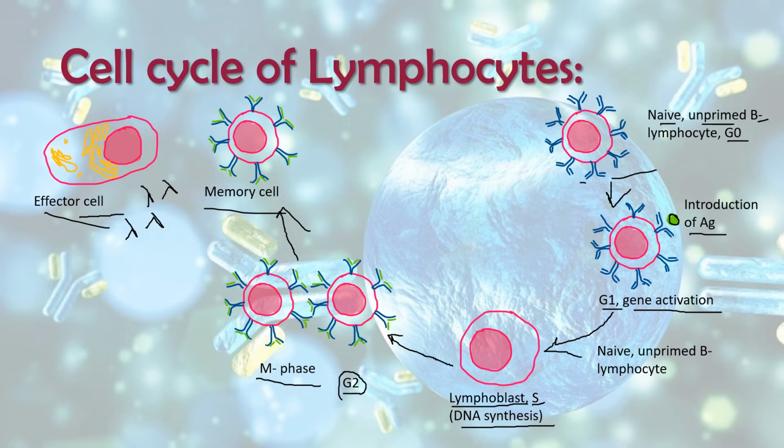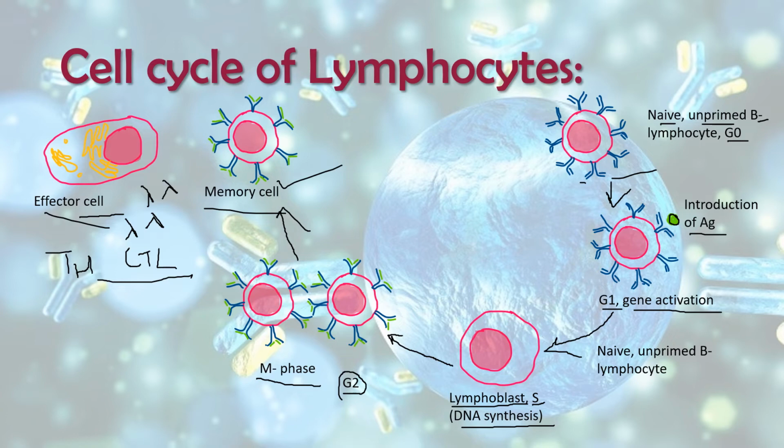In T lymphocytes, two types of effector cells are produced: the TH cell, which secretes cytokines, and TC or cytotoxic T lymphocytes, known as CTL, which are antigen-activated mature lymphocytes in the case of T cells. The memory cell provides lifelong immunity to many pathogens.